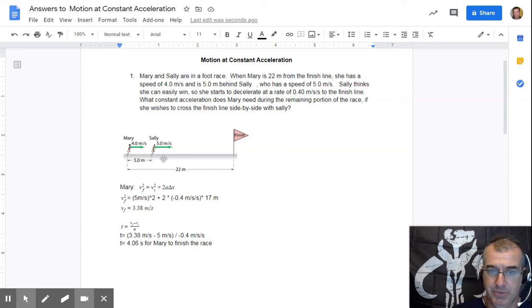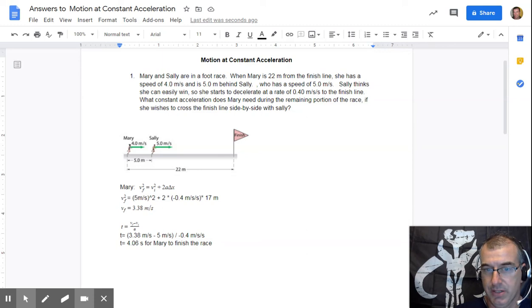I know she's going to move over 17 meters. So the final velocity is 5 squared plus 2 times negative 0.4 times 17. So Sally's final velocity when she reaches the finish line would be 3.38 meters per second.